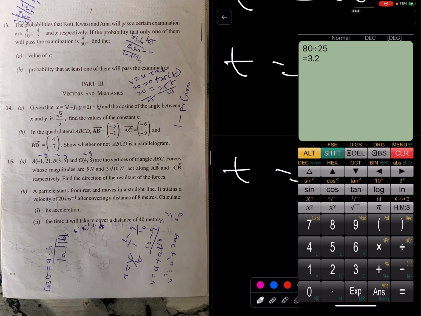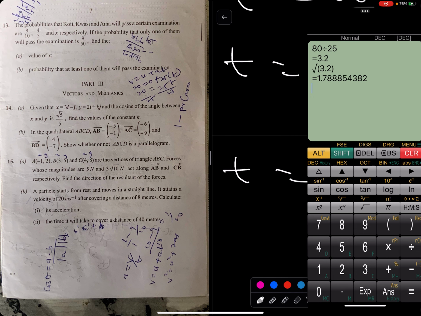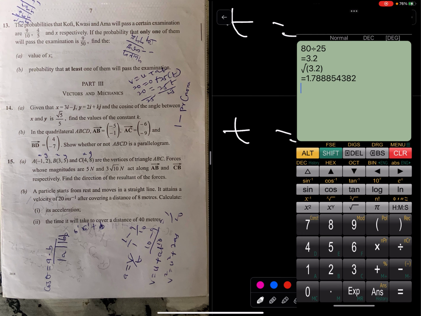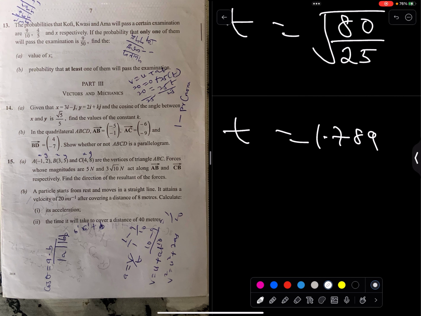And the square root of that is 1.789. And that's approximately 1.79 seconds. And that's it.